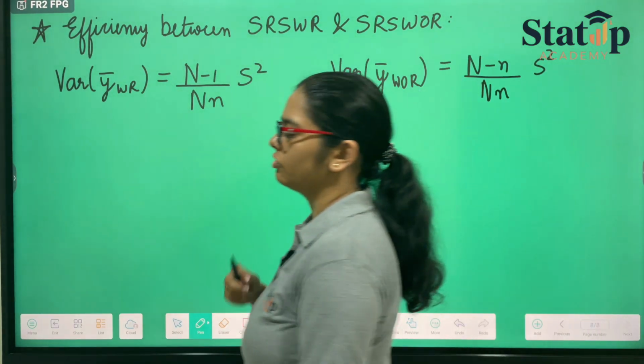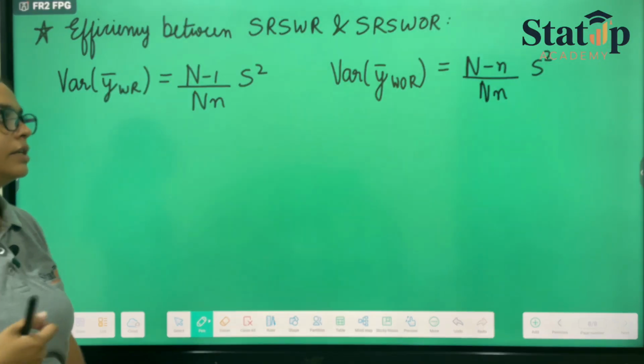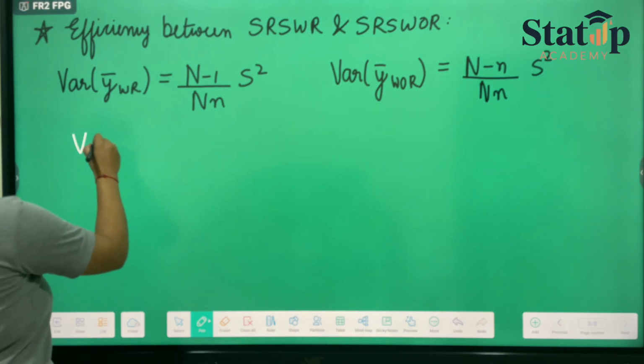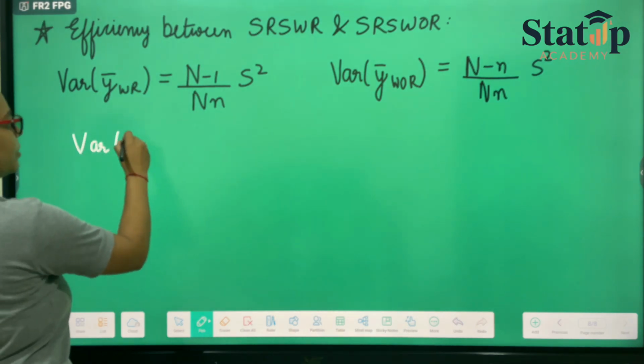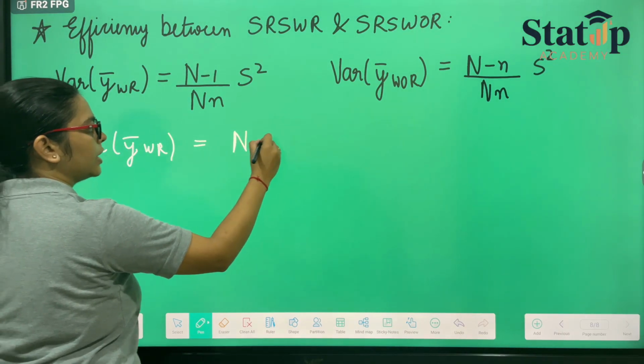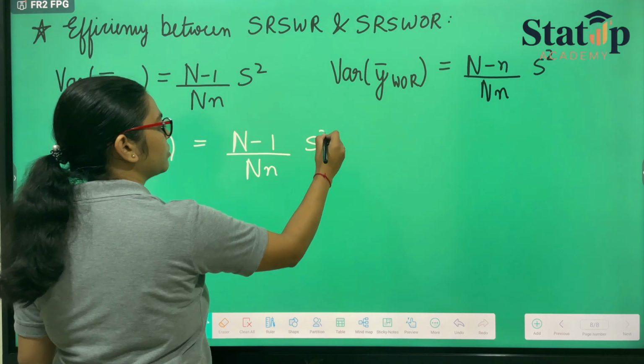These are the variances which we calculated in yesterday's class, whose derivation we have done, and it is very important. So now let us take variance of y bar with replacement. This is n minus 1 upon n, capital S square.